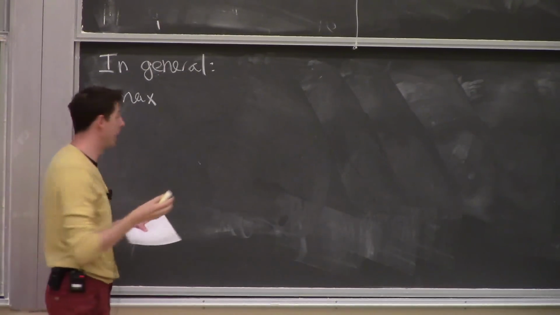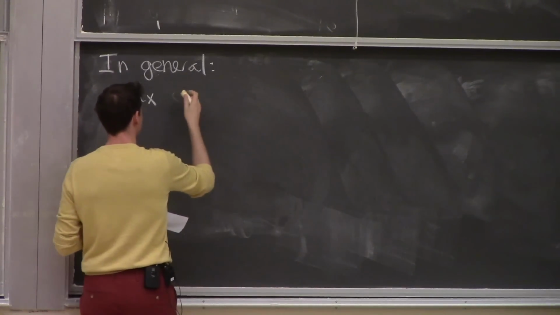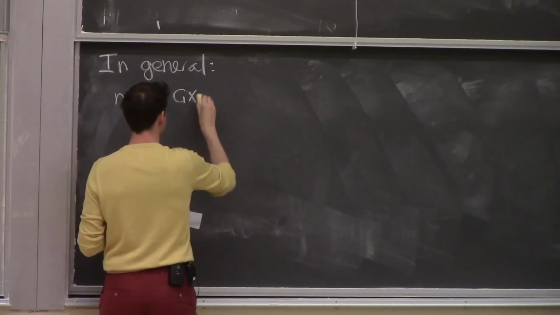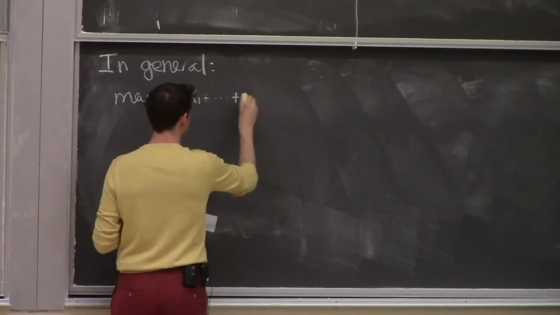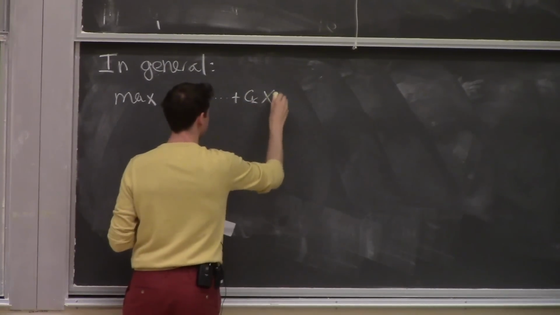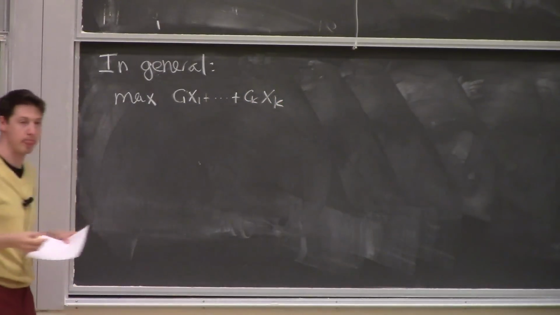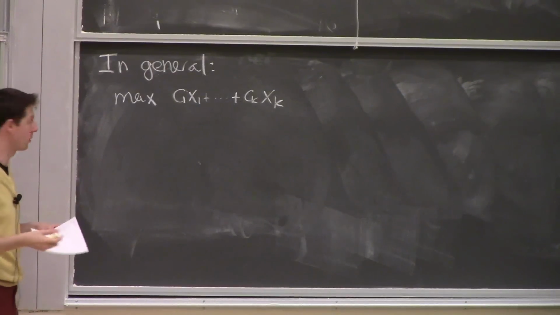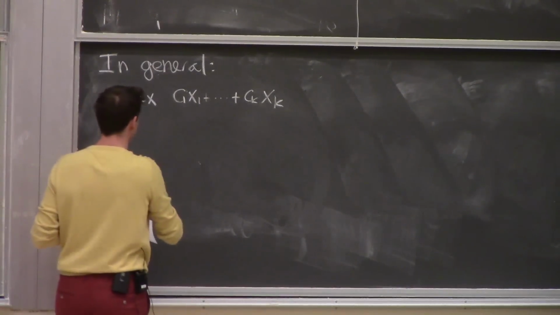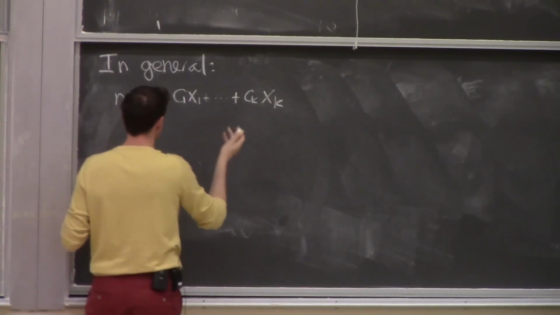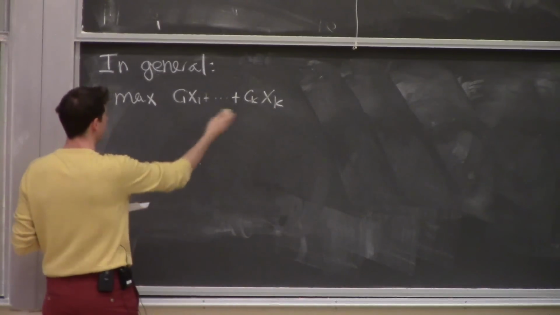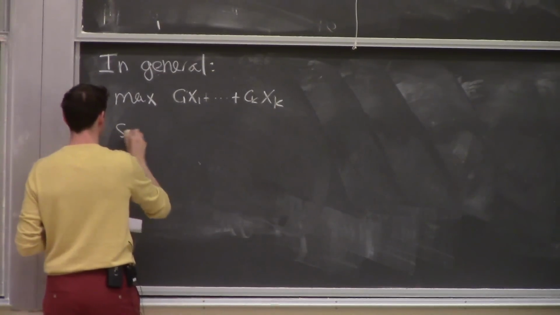Let's call that number k. So we have some coefficient c1 times x1 plus stuff up to ck xk. Some of the ci may be 0, some of them will be big, some of them will be small, whatever. This is a general linear function.